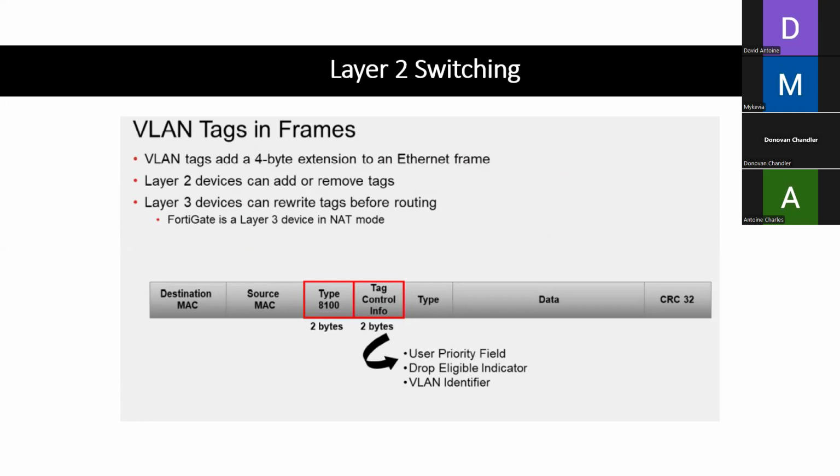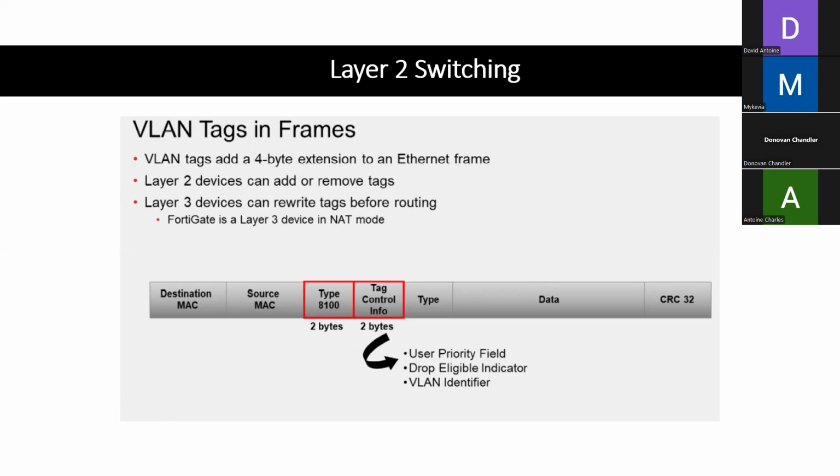We see the destination MAC, the source MAC, the type, the data payload in the middle, and the CRC. That's making sure it wasn't manipulated. We're confirming integrity from a security standpoint that this frame that got passed through has not been changed in traffic.